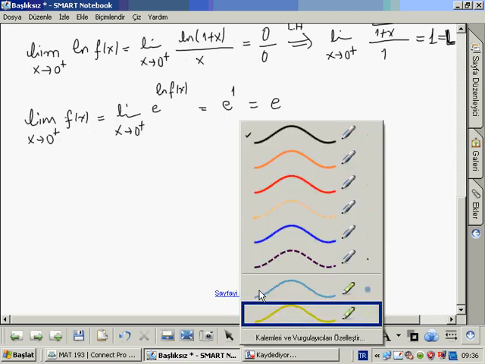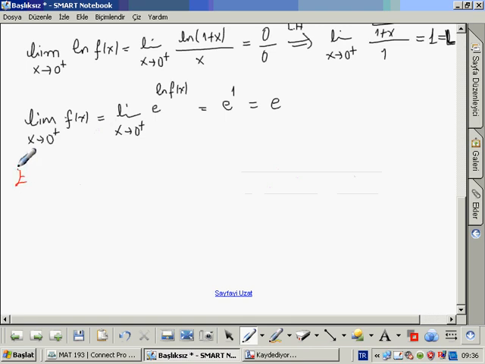Again, I'll give you another example. Find the limit as x approaches infinity of x to the power of 1 over x.